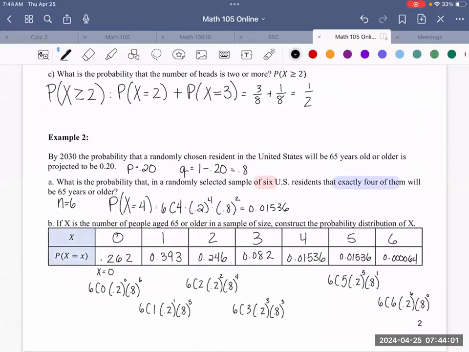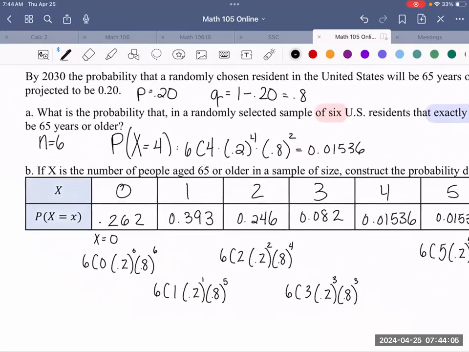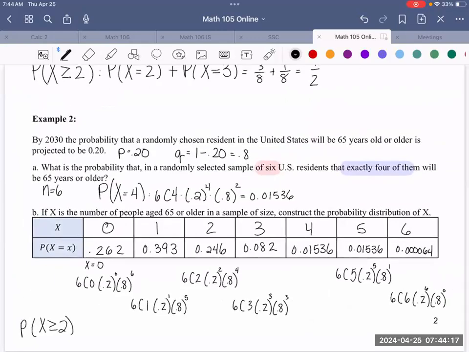Now we can certainly ask a number of questions. Perhaps we want to figure out, okay, what's the probability that the number of randomly selected residents is greater than or equal to 2? So in this case, what would you end up doing? Well, we can add all of these probabilities up.